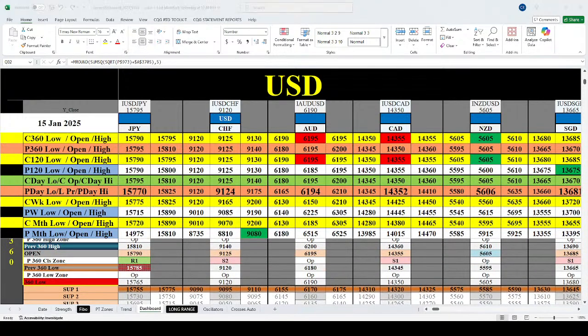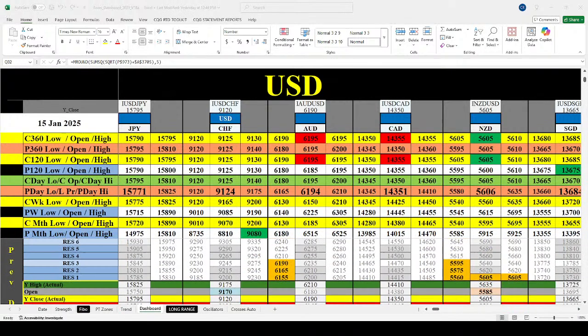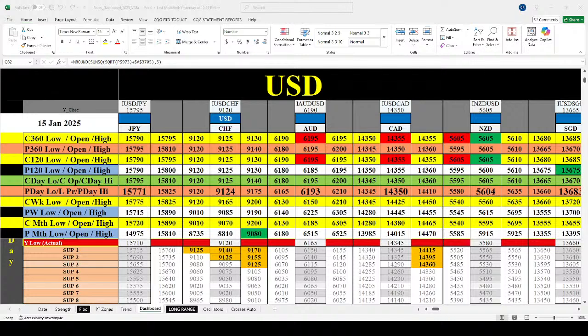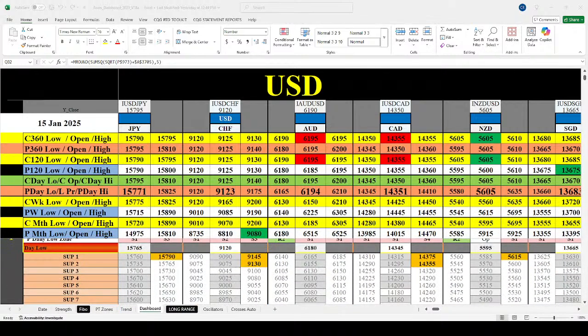Okay, let's see. 142.80. We should be going for a buy near or above 142.80. So we can look to buy somewhere at 143.20 or 143.10. So these should be your two levels of buying.